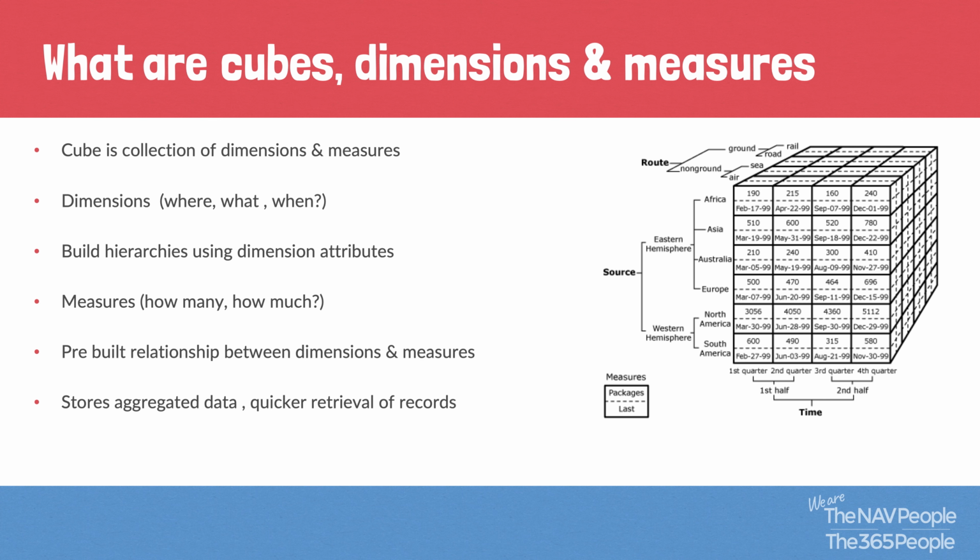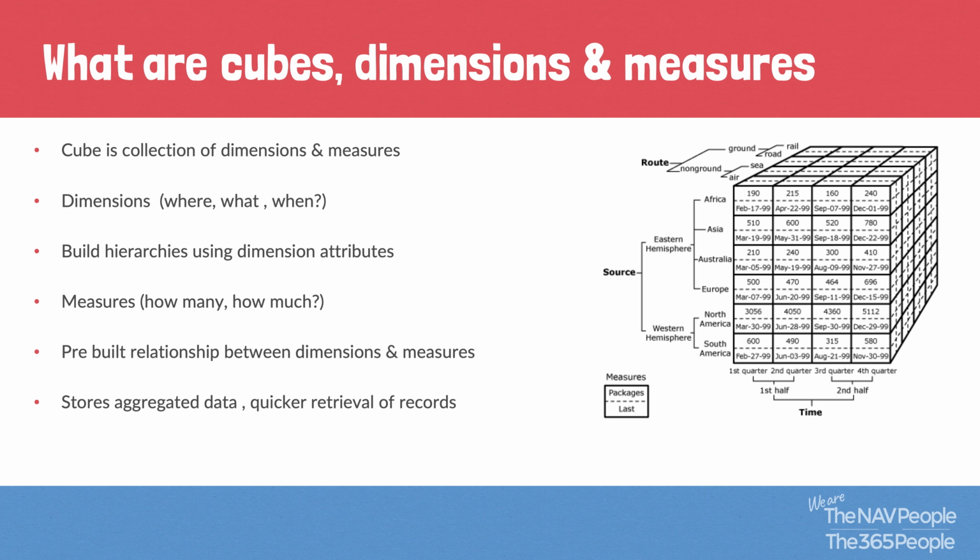But all these types of numerical quantities which come in the cube are all your measures. As you can see, the measure or the value is usually an intersection between the dimensions and the measure.